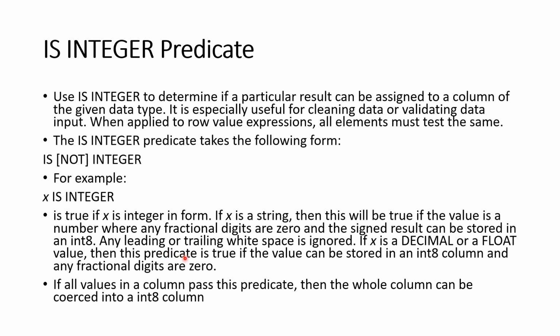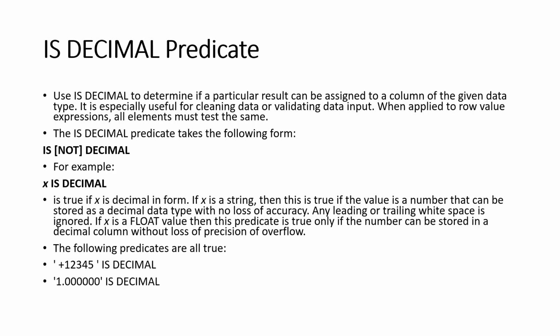Any leading or trailing white spaces are ignored. If x is a decimal or float value, then this predicate is true if the value can be stored in an int column and any fractional digits are 0. If the values in a column pass this predicate, then the whole column can be coerced into int8.